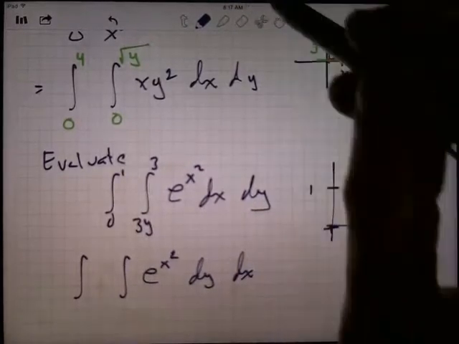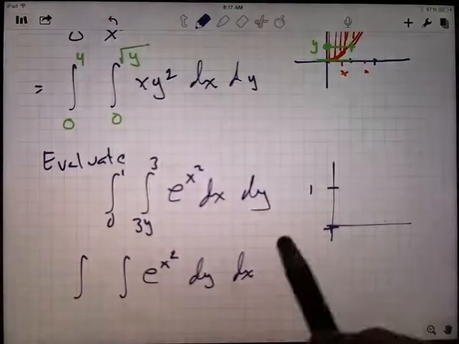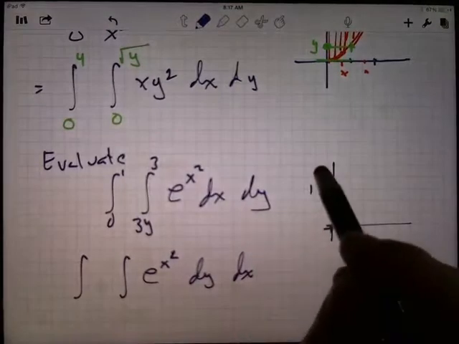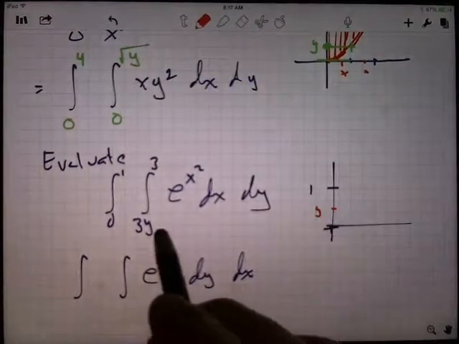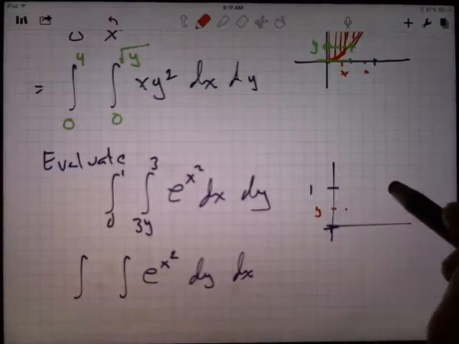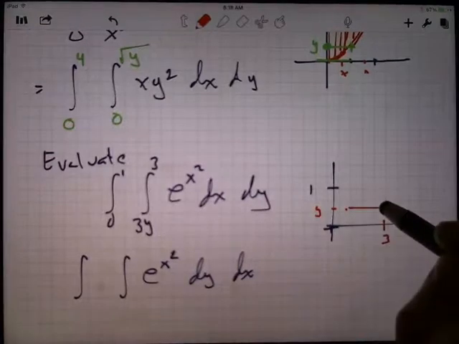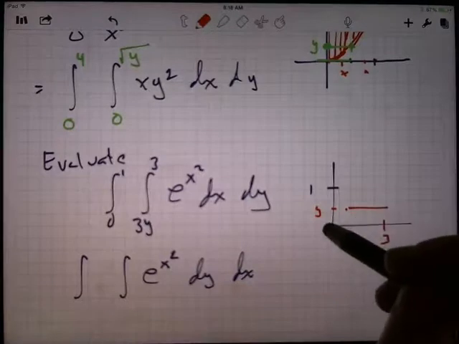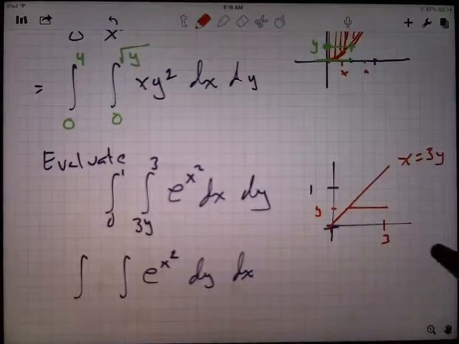And then for each value of y in between, I'm starting off at an x value of 3y and ending at 3. So there must be a line in here of x equals 3y.